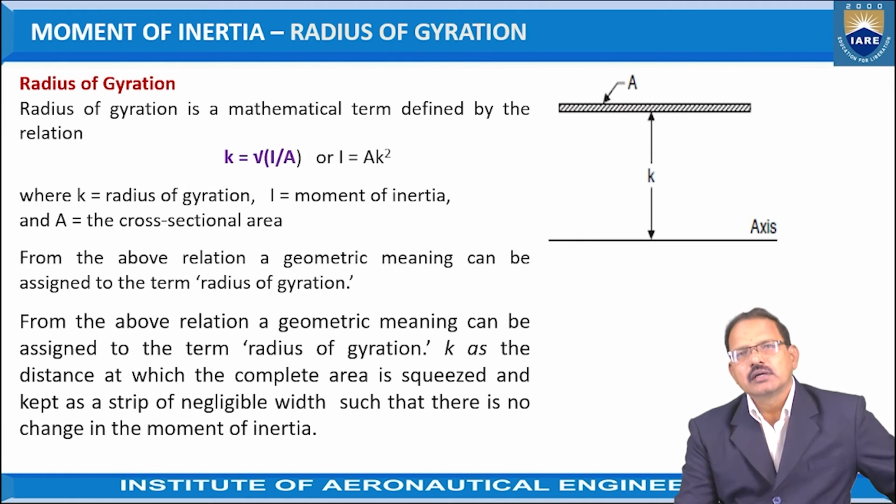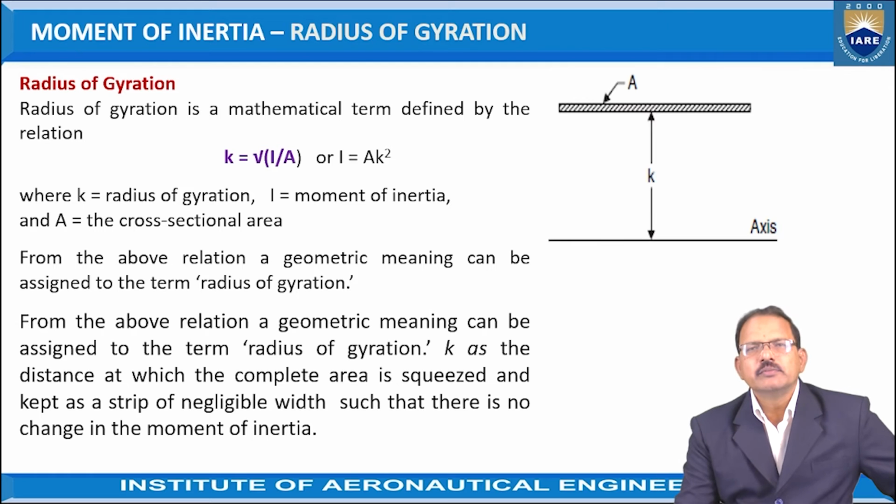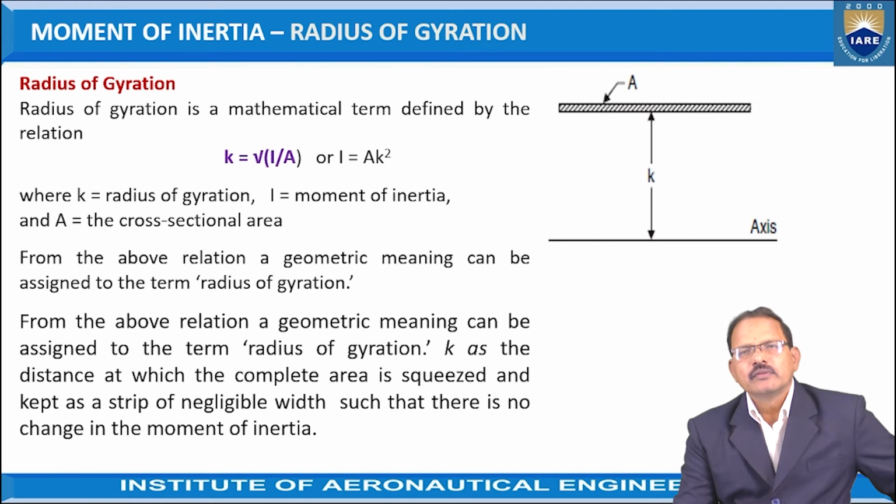Radius of gyration. In the previous problems, we assumed that the area is distributed over a certain space. But according to the radius of gyration, the entire area is squeezed and concentrated at A as shown in the figure.